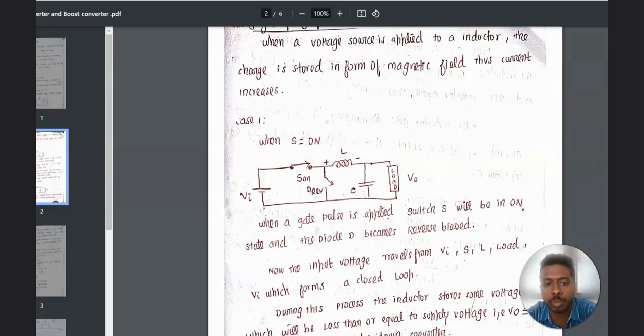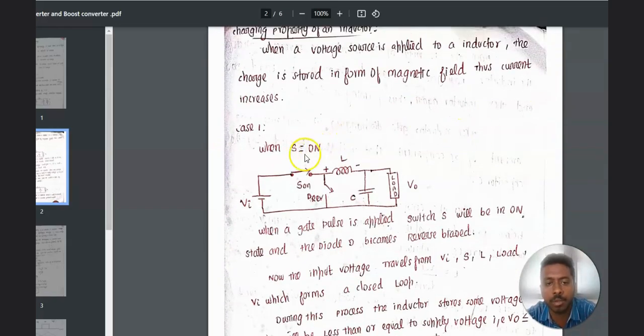Here we are going to see two cases. In the first case, when the switch is on and the supply is given to the circuit, the current will flow through Vi, then through the inductor, then through the load, then again to the power supply. Here the diode is in reverse bias because when the switch is connected, the positive voltage is given to the cathode terminal of the diode. So the diode becomes reverse biased.